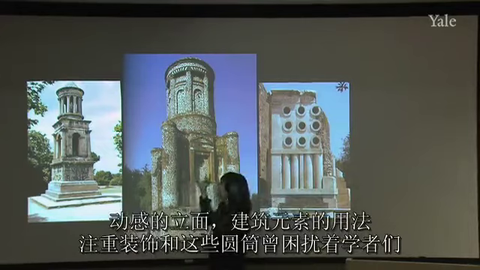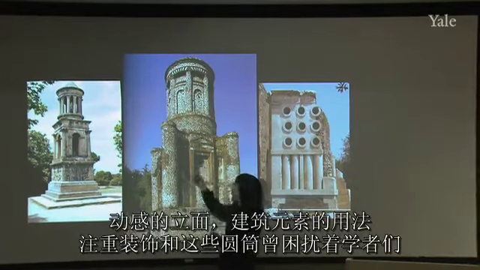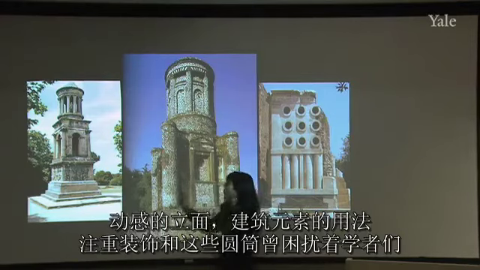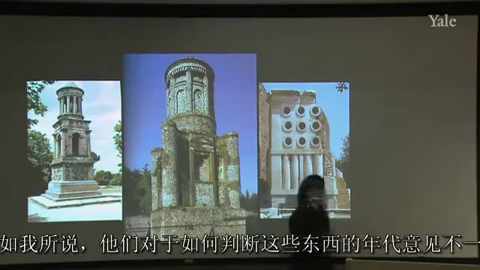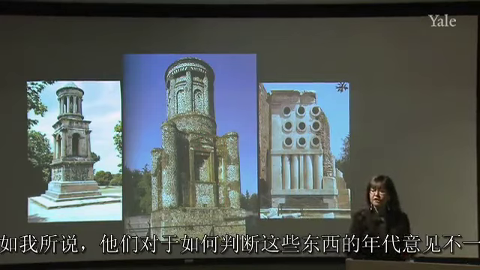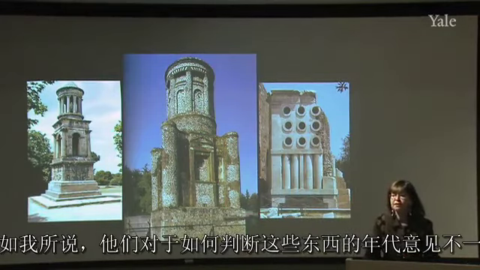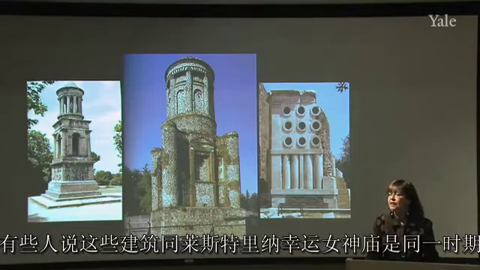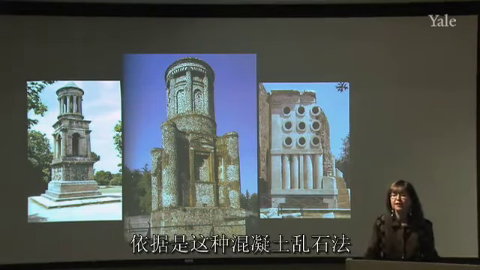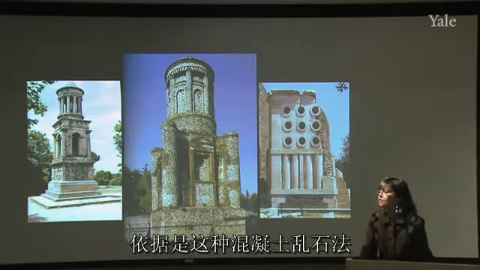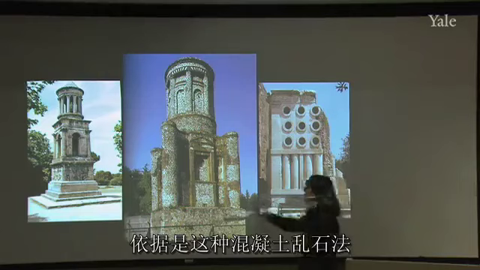But the undulating facade, the use of architectural elements, the interest in decoration, and the cylinders have confused scholars, as I said, and they have been betwixt and between when to date this thing. Some have said that it dates to the time of such buildings as the Sanctuary of Fortuna Primigenia at Palestrina because of the opus incertum.